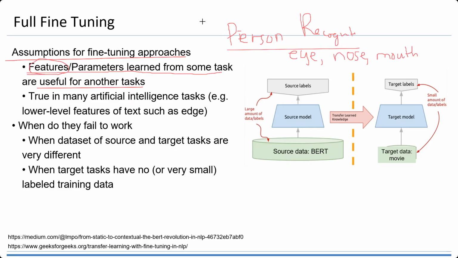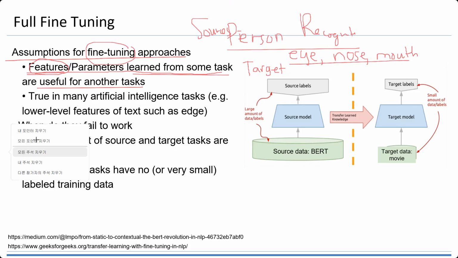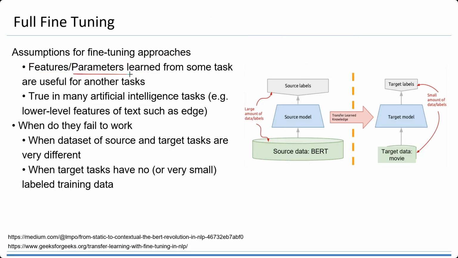If the source pictures have those kinds of features, and if we are doing the target prediction with similar features, okay, we can do the fine tuning, because we know that there are some features that can be used for the task, or the parameters. The parameters, we have different parameters for every model. It depends on the model.